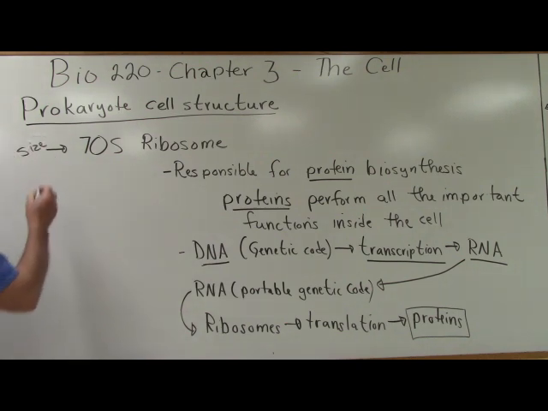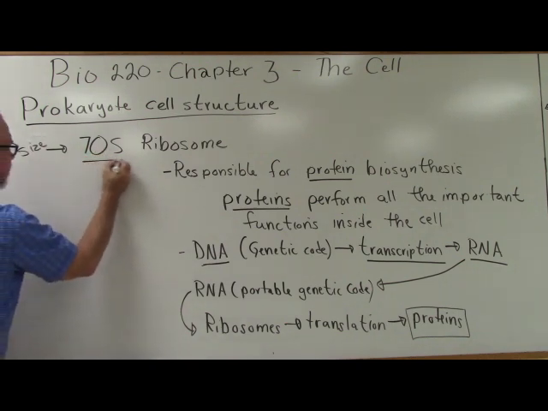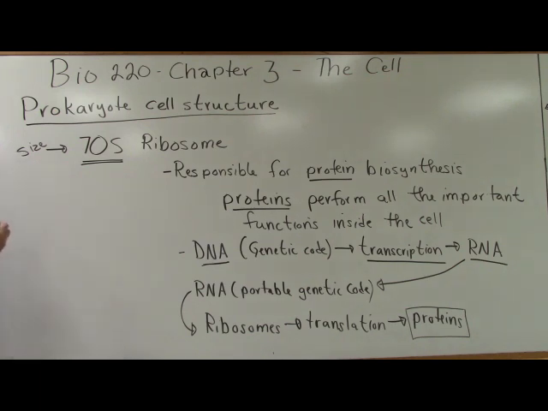All right, now this 70S is important because it turns out that eukaryotes mostly have a larger 80S, S standing for Svedberg, size ribosomes. So ours are bigger.